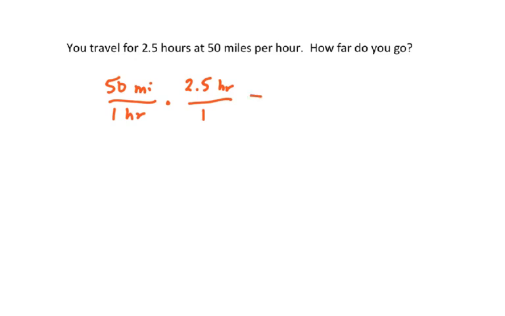So we're going to have 125, and then we have to figure out our units. Like I was saying, units actually cancel. So when we have on the top of a fraction hours, and on the bottom of a fraction we have hours, and this makes sense because we wanted to know how far we were going to go. The answer is going to be in just miles.